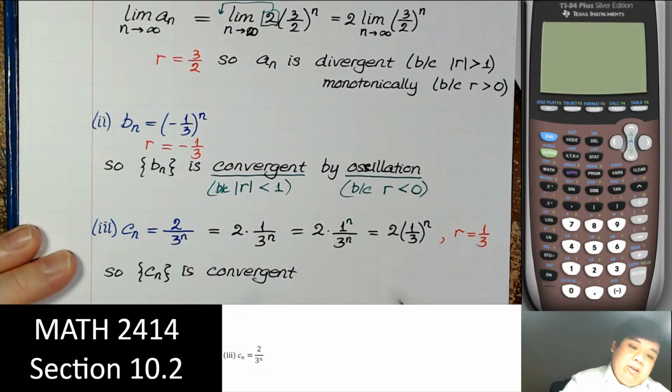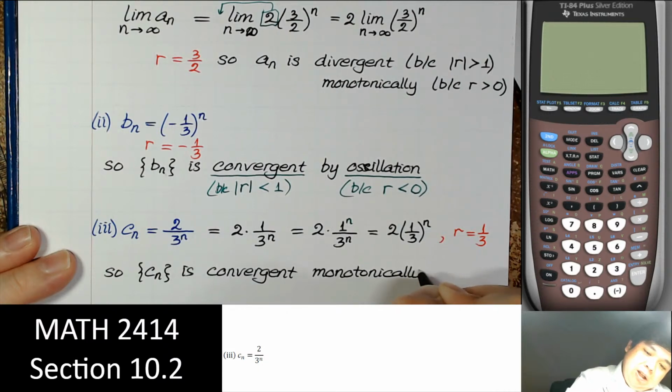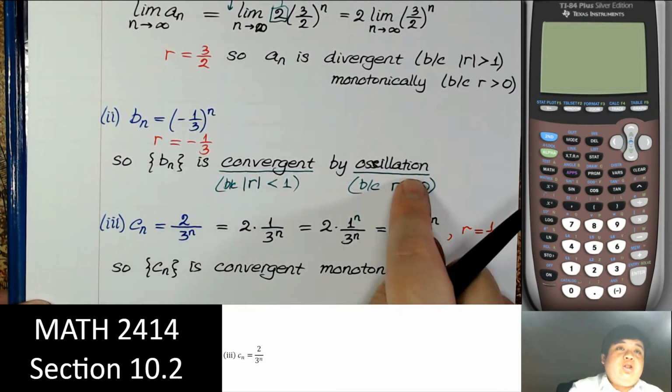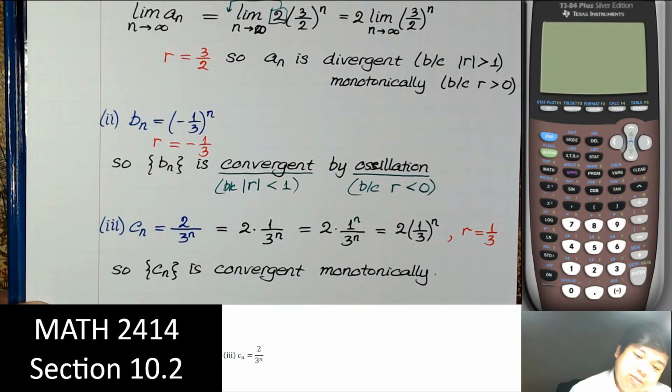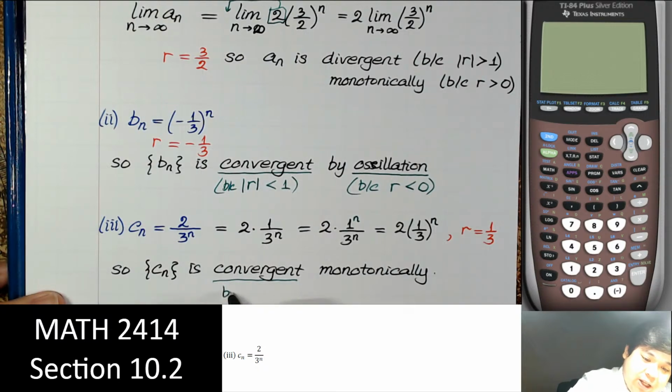And because it is positive, it is convergent monotonically, meaning that the sign will not change, whereas oscillation is changing from positive to negative. It is convergent because the absolute value of r is less than 1. It is monotonic because r is positive.